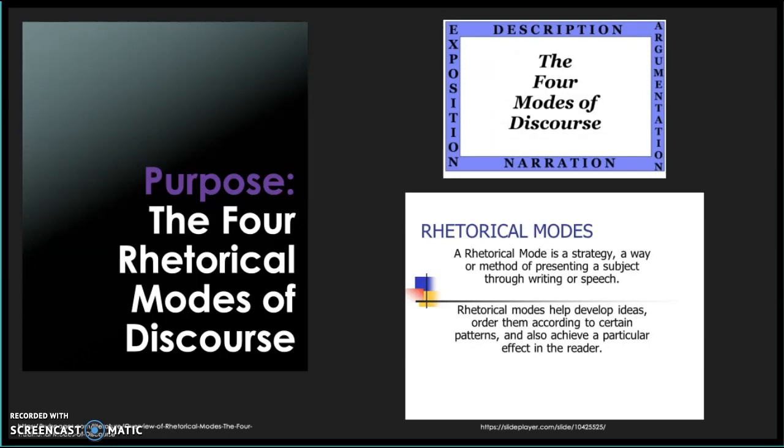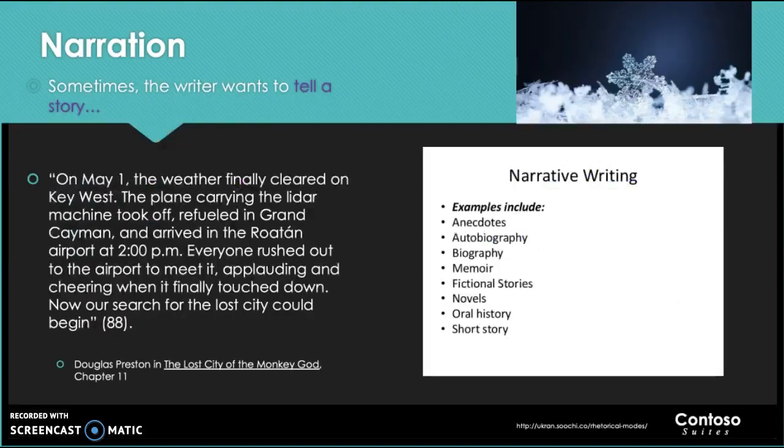So here we go. The four modes of discourse we're going to go through, and these modes of discourses are a way of presenting what is written or what is spoken. So rhetorical modes develop those ideas that you want to communicate, and they also achieve a particular effect on the reader. All right, so the first one we're going to talk about is narration.